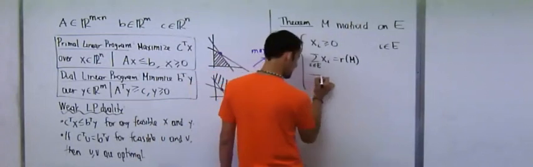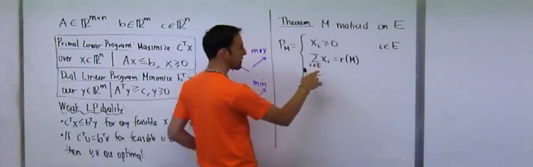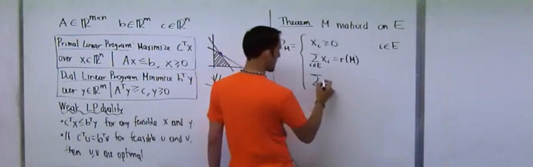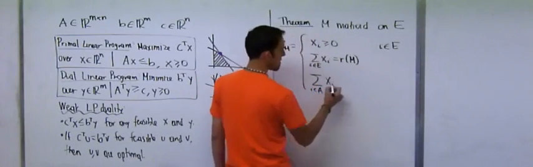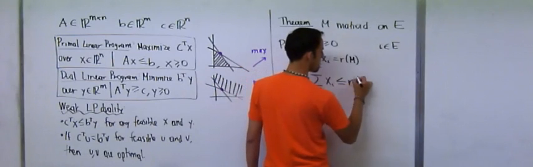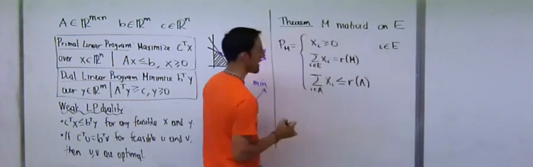And third, if you don't add up over all the variables, but only over a subset A of the variables, then that sum is at most the rank of A.